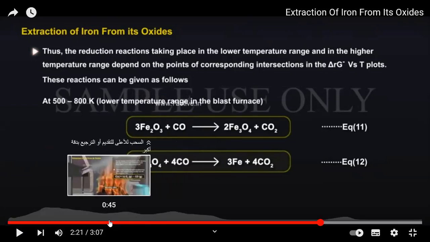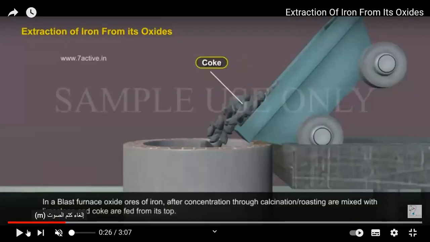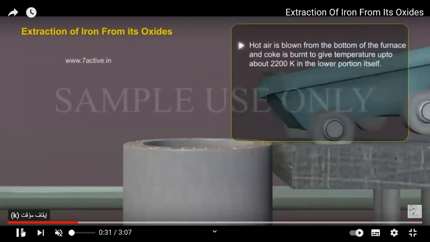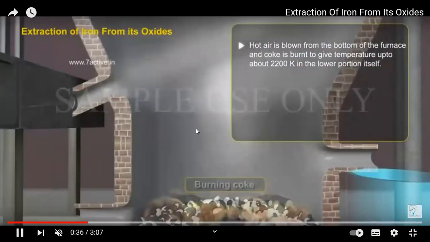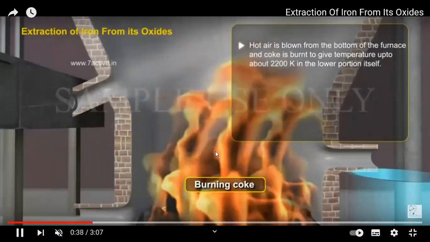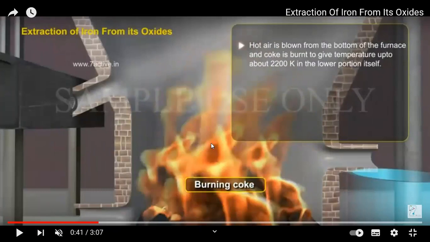Regarding the equation, just know the equation which I said before at the beginning of the session. But I need from you to see the blast furnace. This is the coke, which is carbon. This is the blast furnace, which you can see. Look here, C plus O2 to form CO2. Now this is an exothermic reaction.